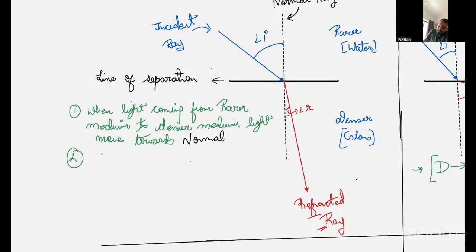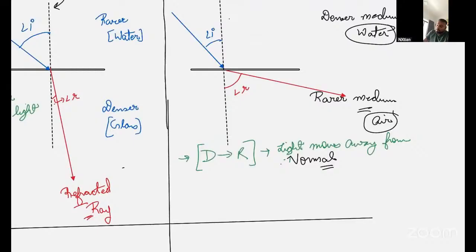It means that here the angle I is greater than angle R. And here, what is the observation? The angle R is greater than angle I.